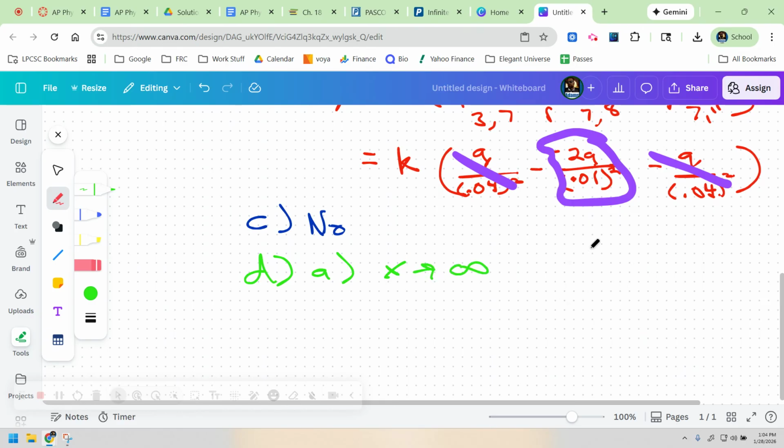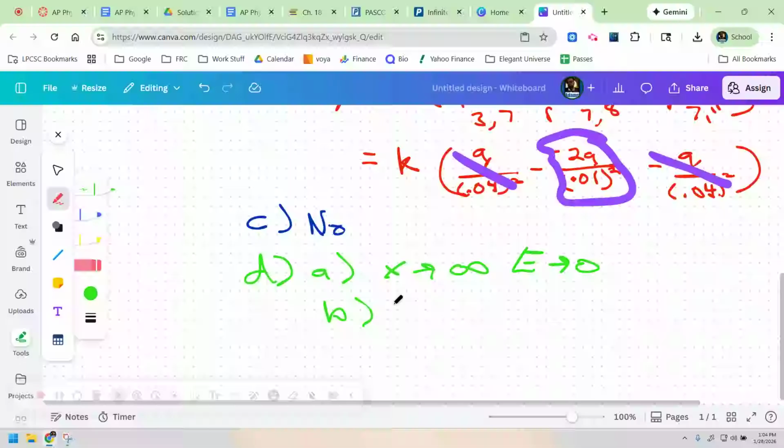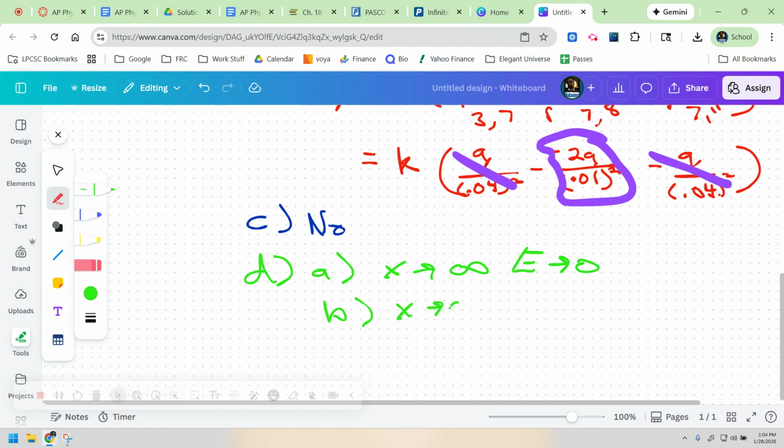The electric field approaches 0. For figure B, as x approaches infinity, the electric field approaches 0, and then we would say more rapidly. So it doesn't have to go more infinite. And that's basically it. One last thing for this problem. Man, this is a doozy.